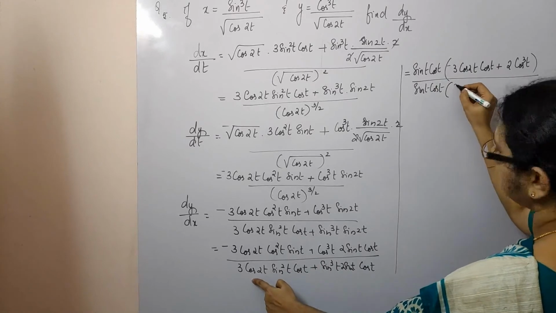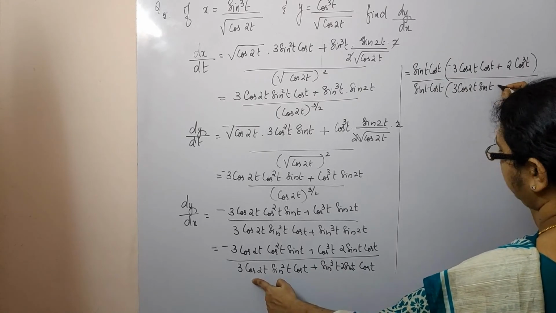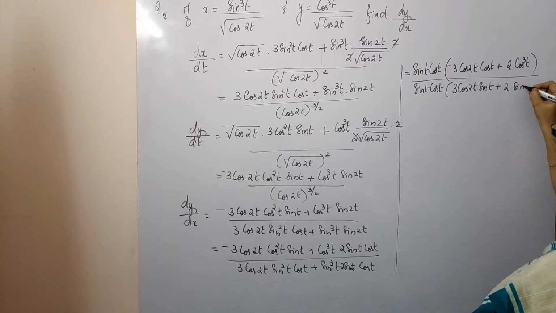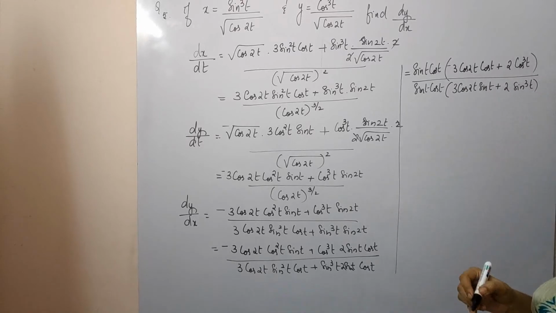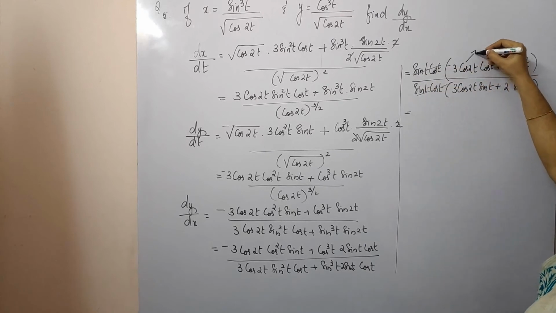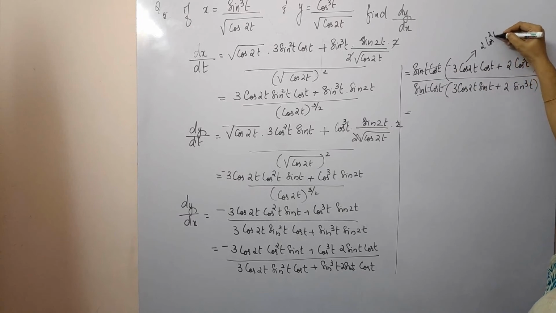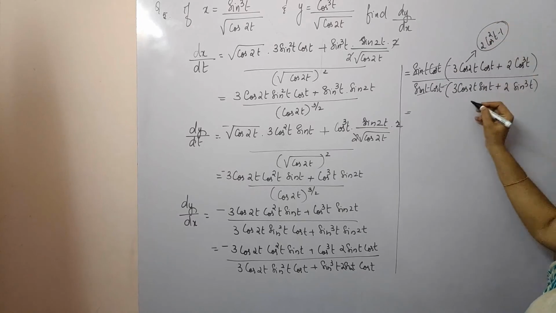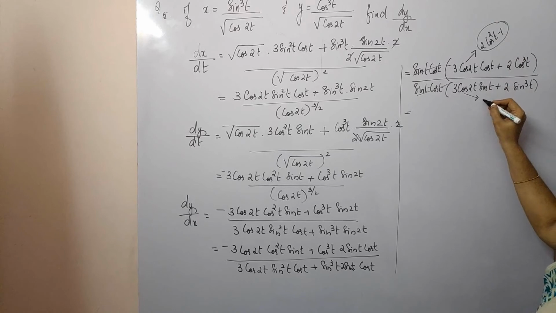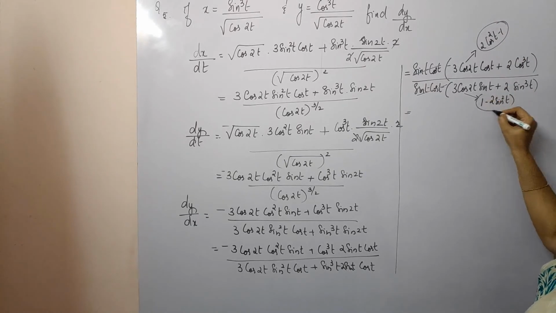What do I get? 3 cos 2t into sin t plus 2 sin cube t, right? 2 sin cube t. Now this and this cancels. Now here for this cos 2t I will substitute 2 cos square t minus 1, and for this cos 2t I will substitute 1 minus 2 sin square t and then simplify on it.